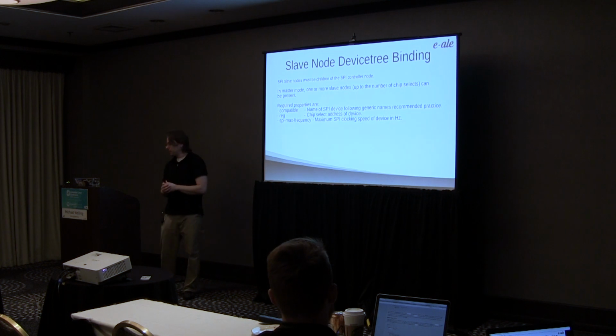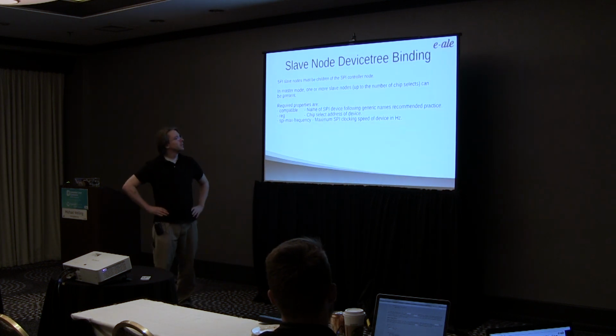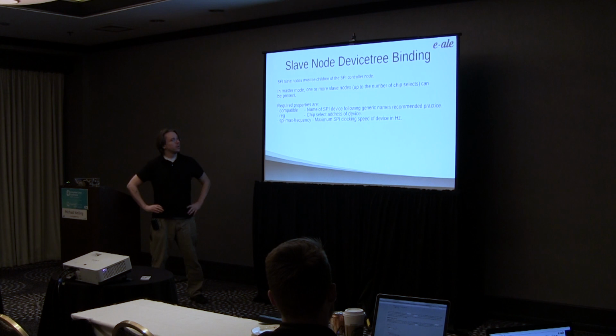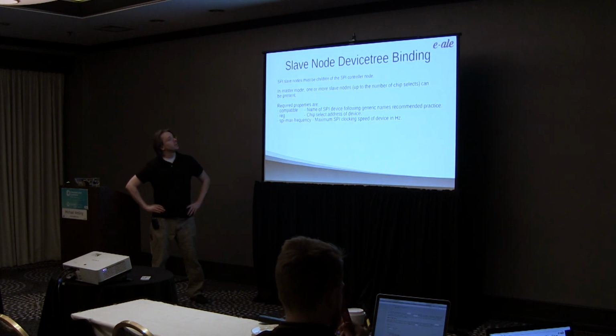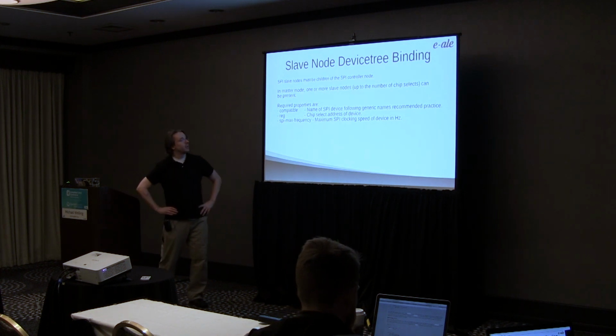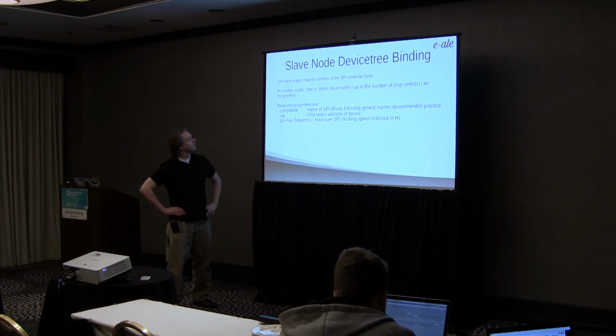So now I'm going to go a bit into the slave node device tree binding. This is the part where you add your chip that you want to map to the SPI controller. So you'll have a compatible string, again, and you should be getting used to these by now, since pretty much everything has them in the device tree.